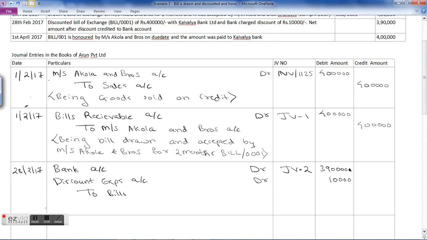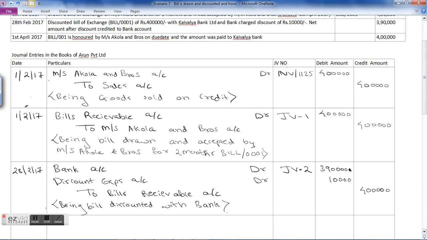And then we will be crediting bills receivable account. How much is the amount? 4 lakh. Okay, being bill discounted with the bank.